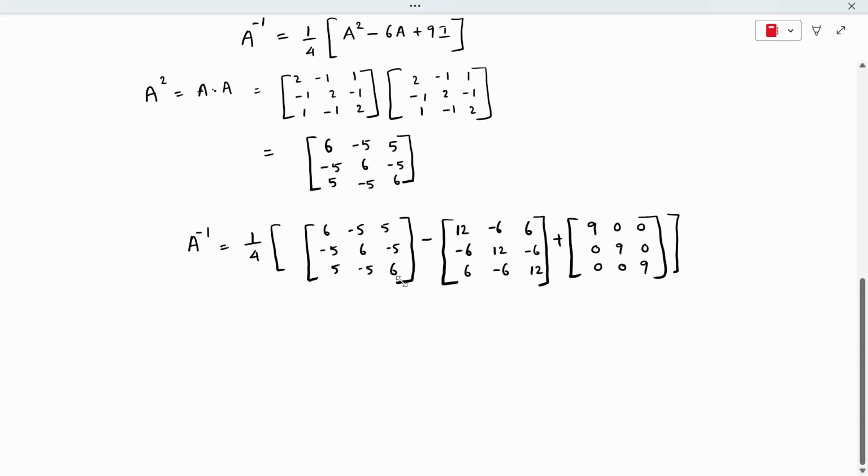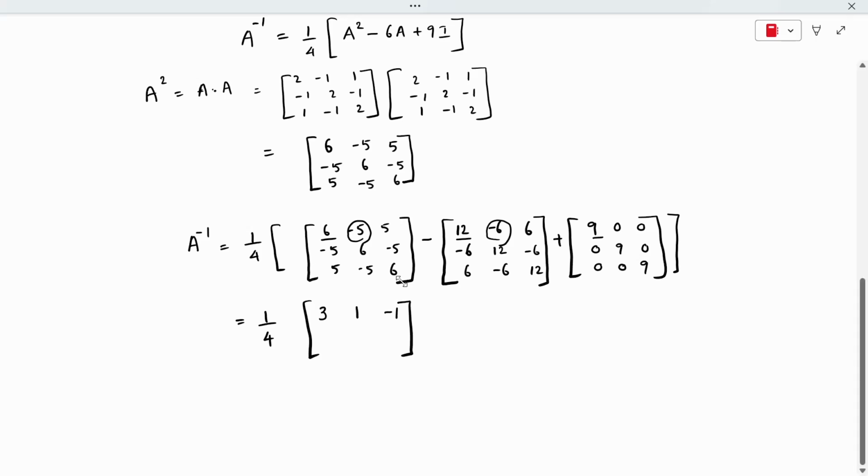Add each element and keep 1 by 4 outside as it is. For the first element, 6 minus 12 plus 9, so 15 minus 12, so 3. Same way, minus 5 plus 6, so 1. Next, 5 minus 6, so minus 1.